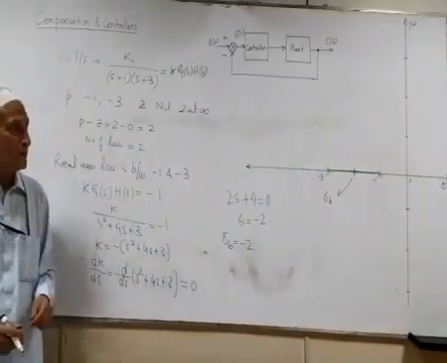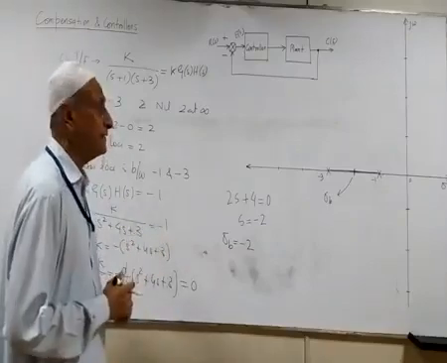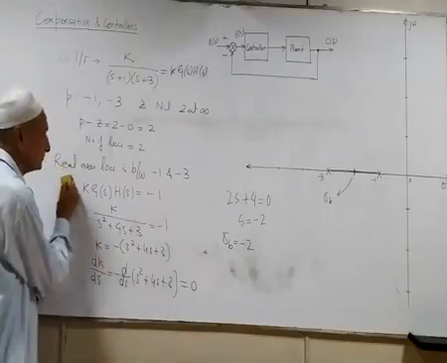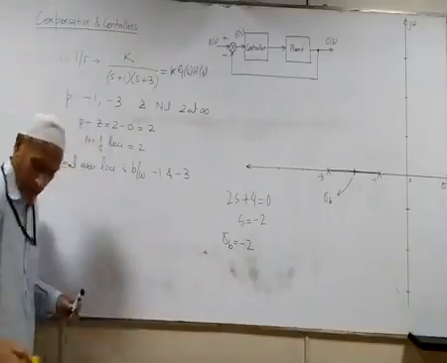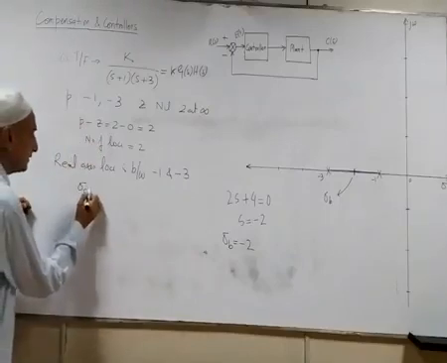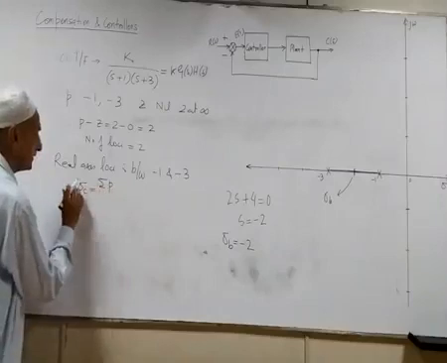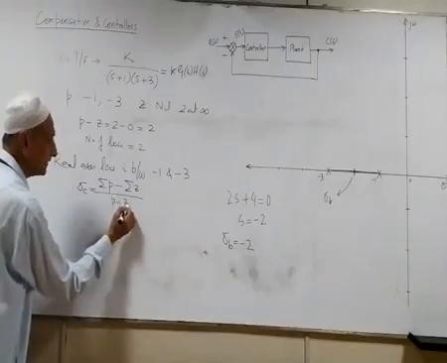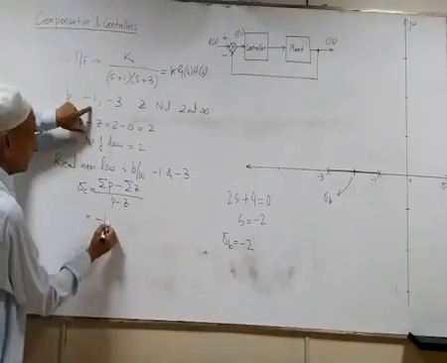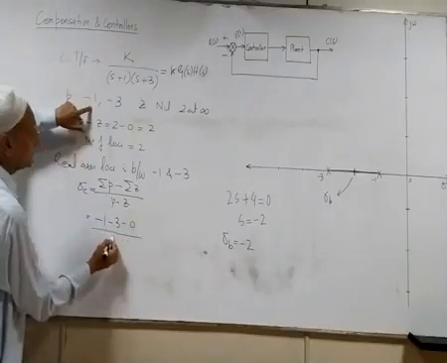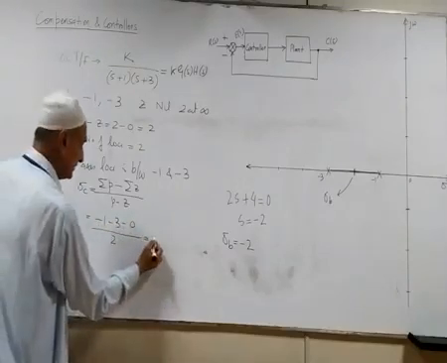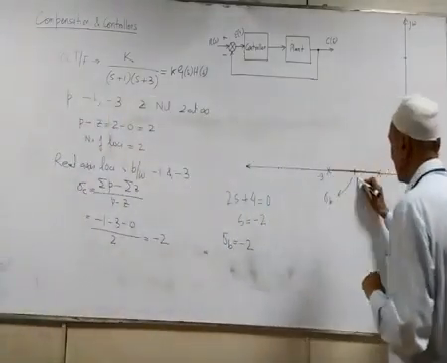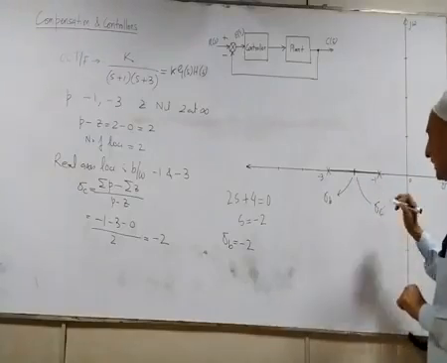Once we have the breakaway point, we must find the center of asymptotes and then the angles of asymptotes. We use the formula for the center of asymptotes: sigma c is equal to big sigma p minus big sigma z divided by p minus z. So we have -1, -3, no zeros, and then 2, so this is equal to -2. The same point is our sigma c as well.